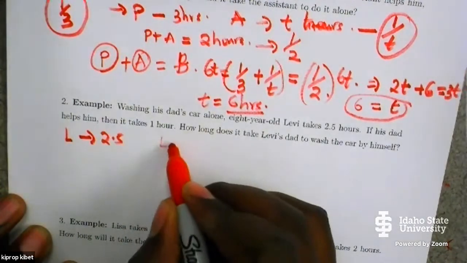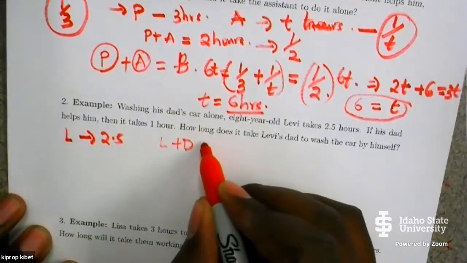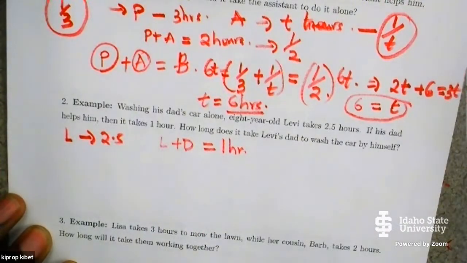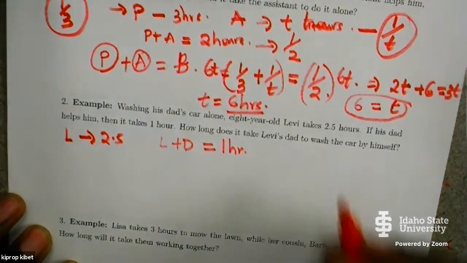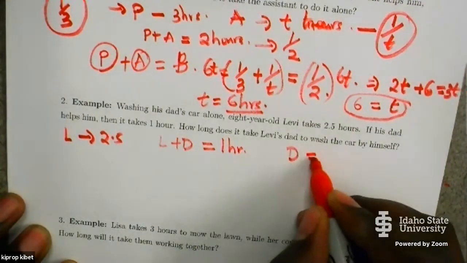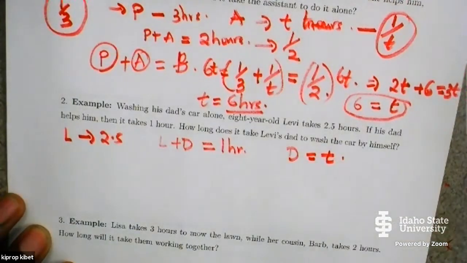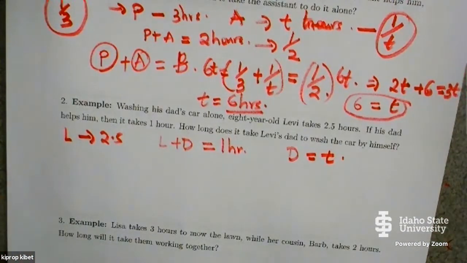For Levi plus the dad, they take how long? 1 hour to clean. So what will be the dad's time to clean if he does it alone?